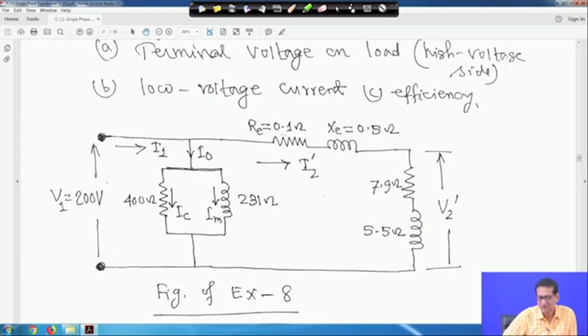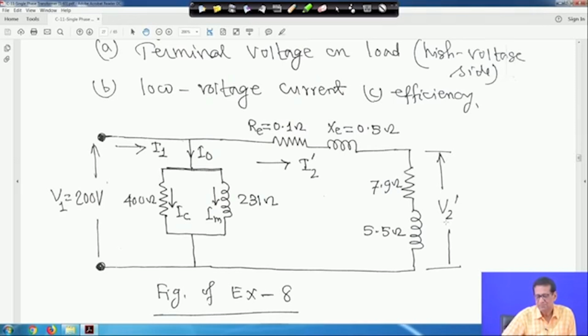And this is RE1, that is 0.1 ohm, and XC is equal to 0.5 ohm, and this is the current I2 dash flowing in the primary side, and I1 is equal to I0 plus I2 dash. This is the 7.9 ohm resistance and 5.5 reactance, that is the inductive load, referred to the primary side, low voltage side, and the voltage across the load is V2 dash.